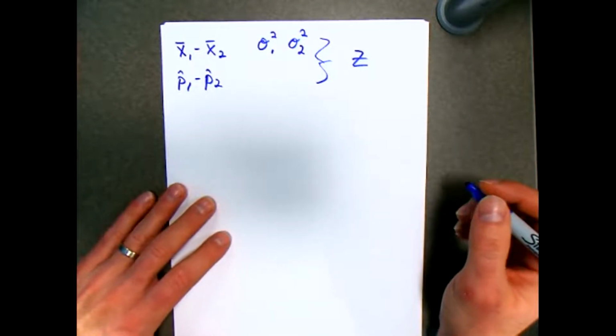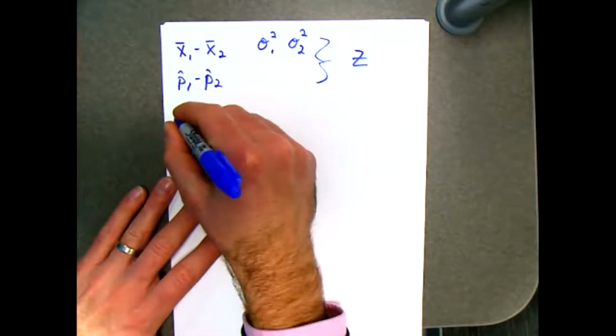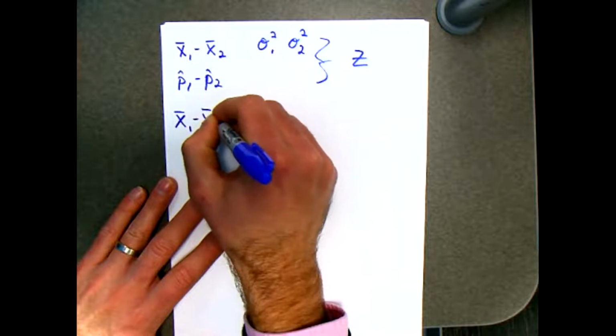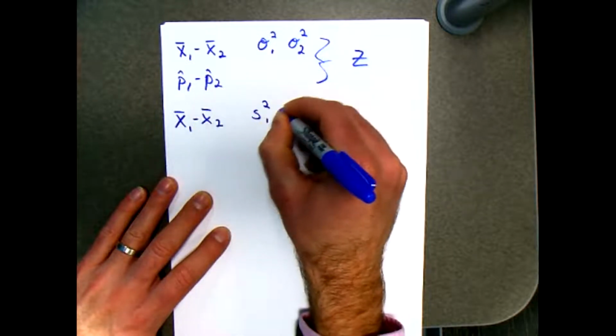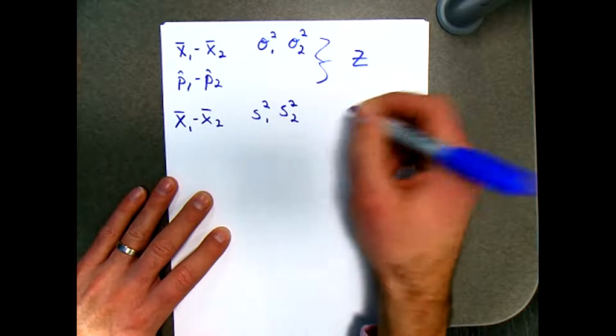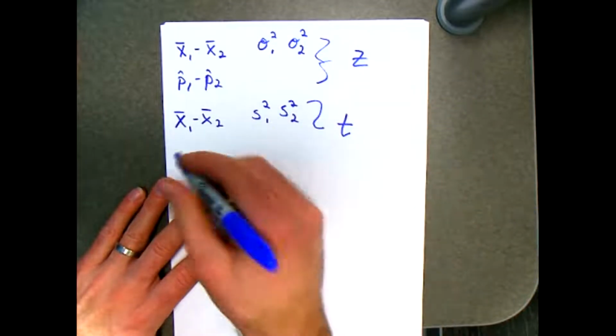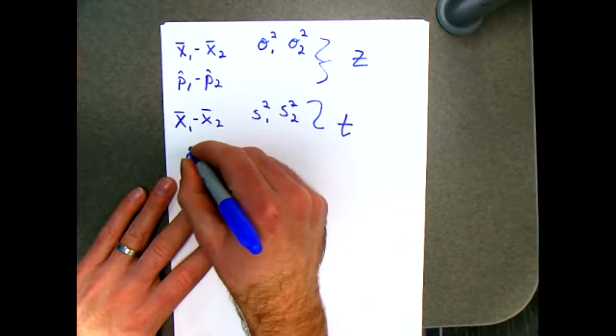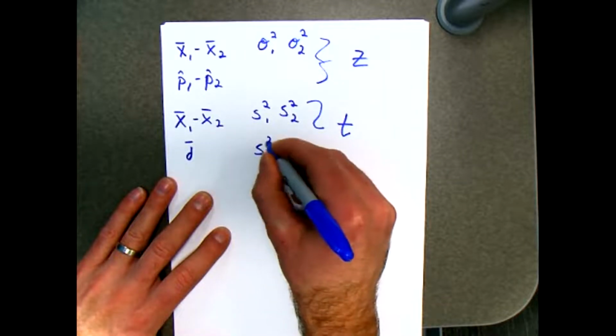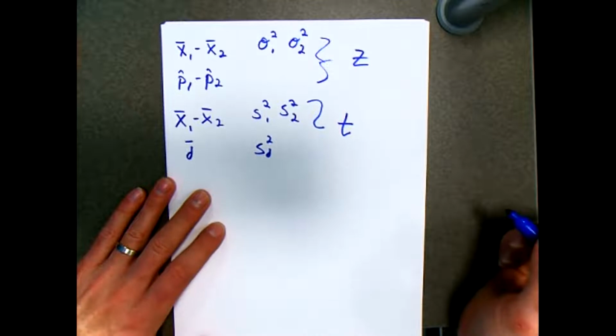Okay. Moving from there, if we have examples where we're looking at the difference in sample means, but we only have sample variances, this is where we're going to use that student T. Some other examples where we use the student T: if we're looking at that mean difference, because there all we had was a sample variance of that difference variable.